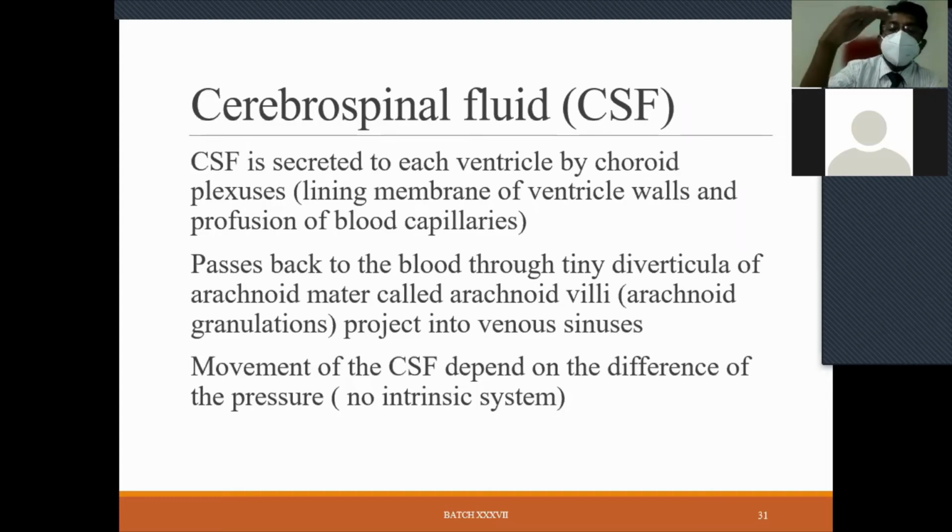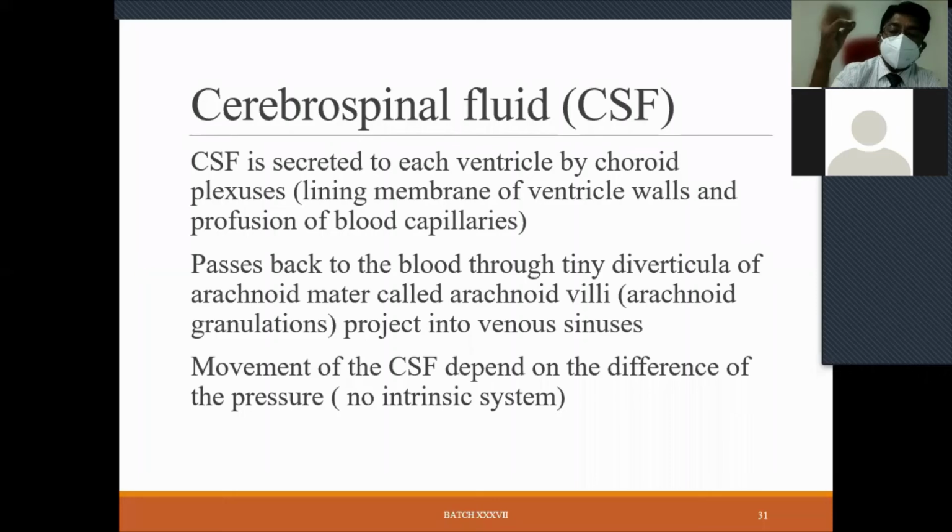From there, blood plasma is converted to form the cerebrospinal fluid, which is secreted into the ventricles.